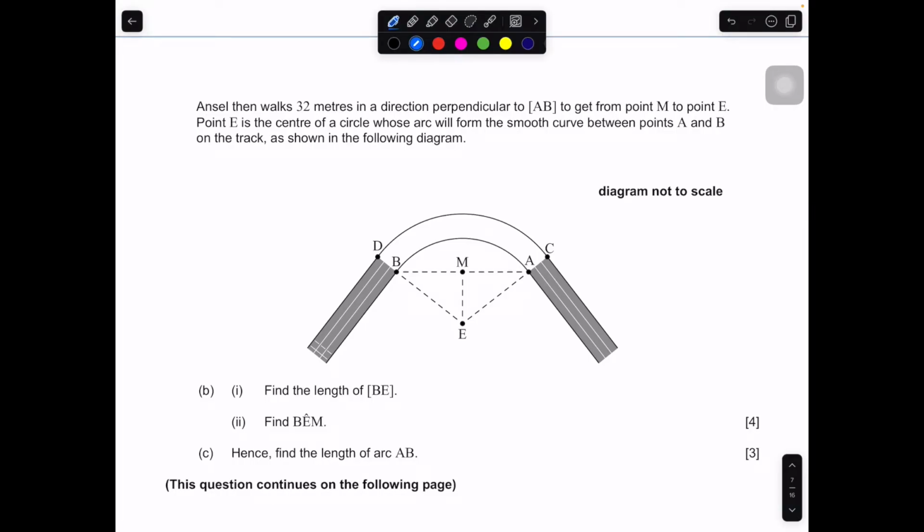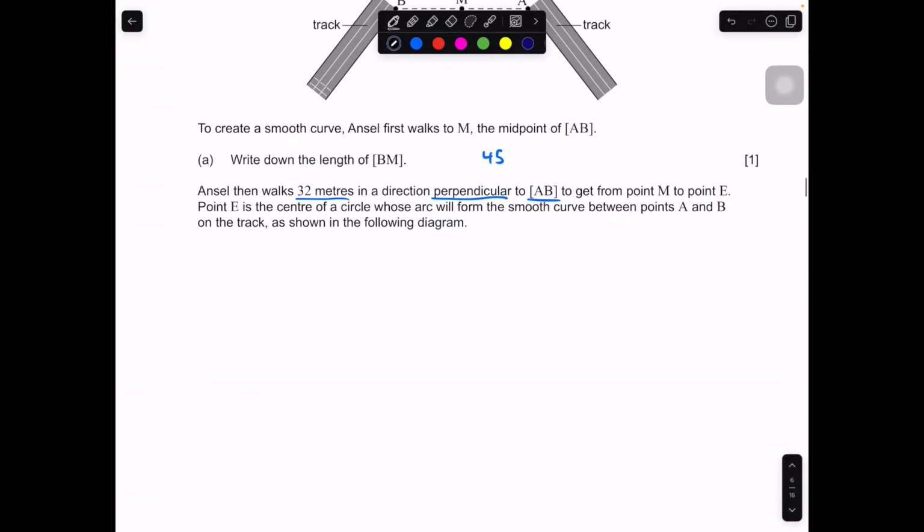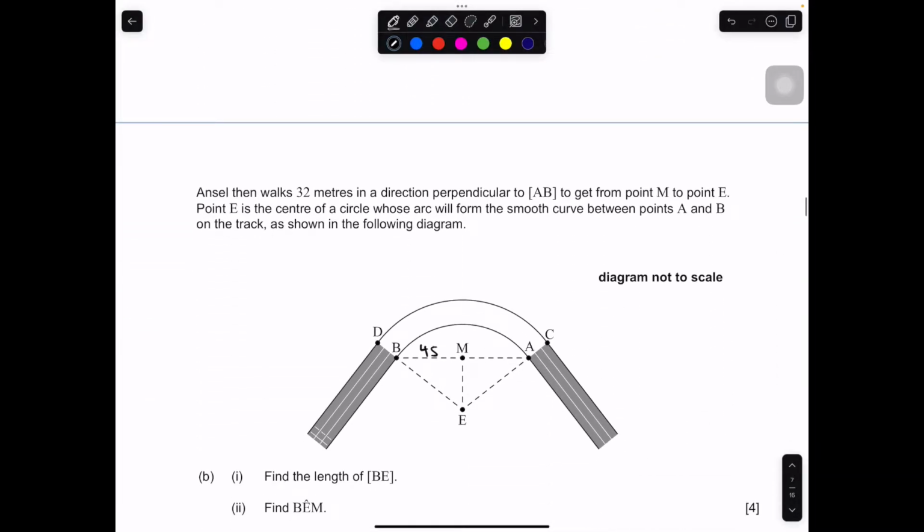Okay, so let's mark that up actually. We found that the distance from B to M was 45, and we were told that he walks a perpendicular distance of 32 meters. So perpendicular will just be a right angle. Right? So we know this is a right angle. It's perpendicular, and he's walking 32 meters.